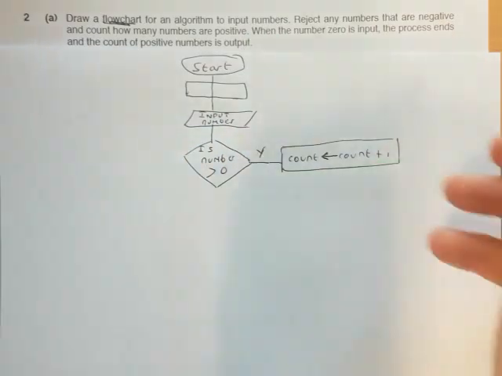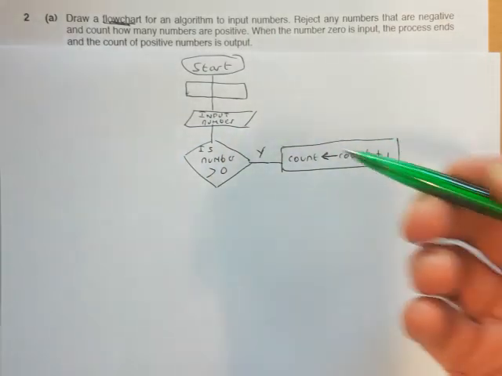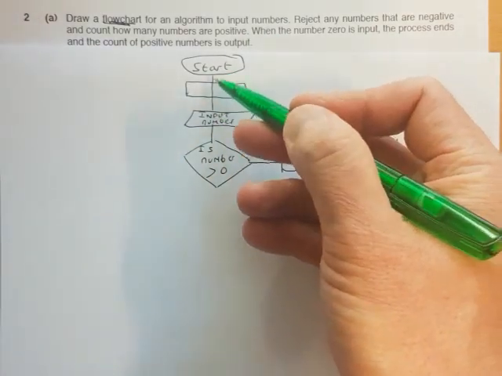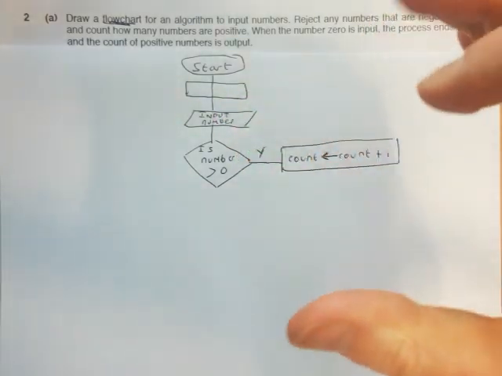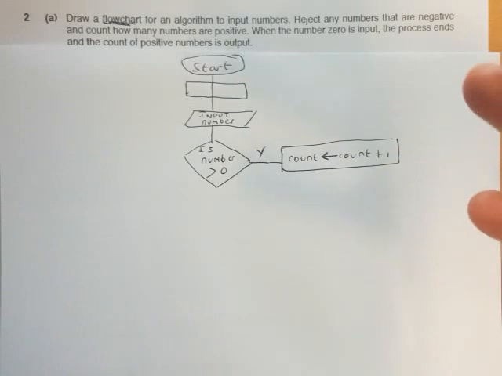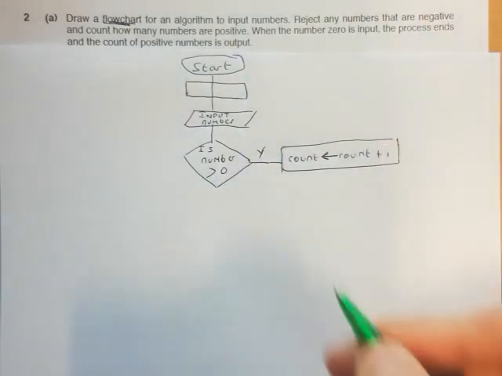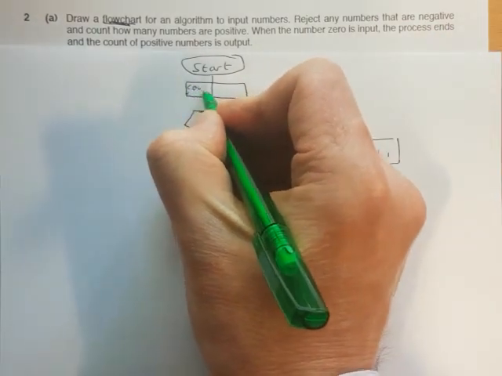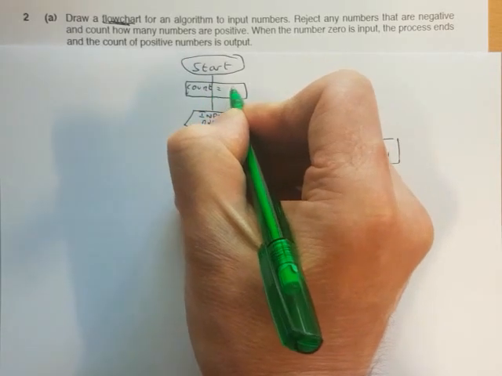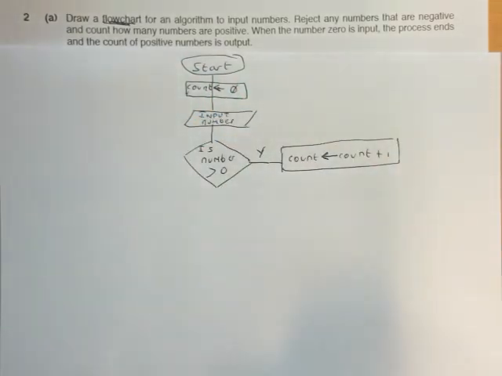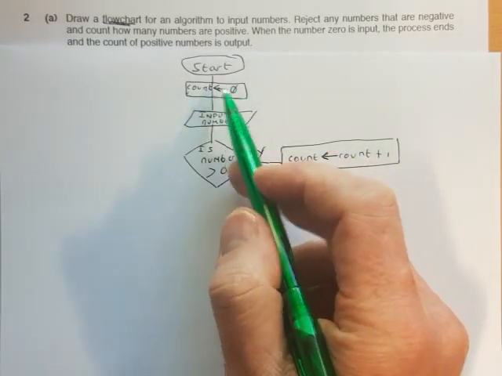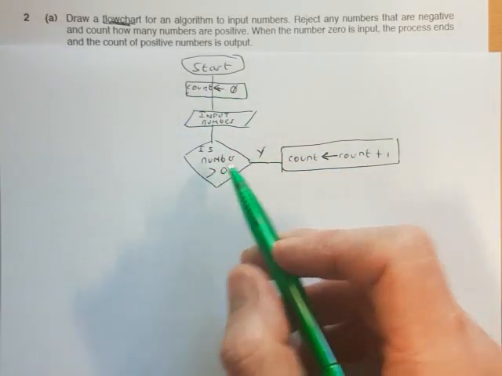If you're drawing this in pencil, leave a little bit of space, because I knew I'd have to go back and do this. If you don't make it too cramped, it's quite easy to add something in. So we'll give count, let's use the assignment arrow. Okay, so we've set our count to 0, we've input a number, we've checked it.